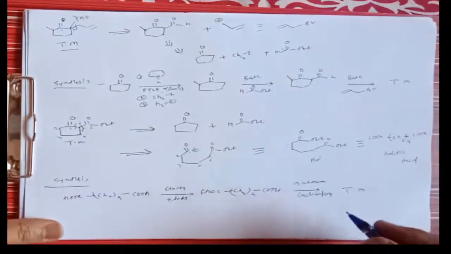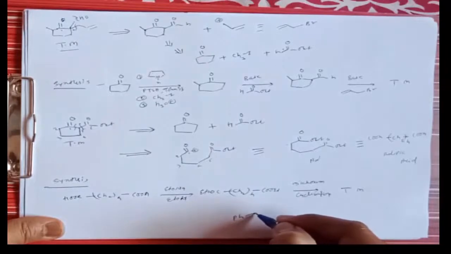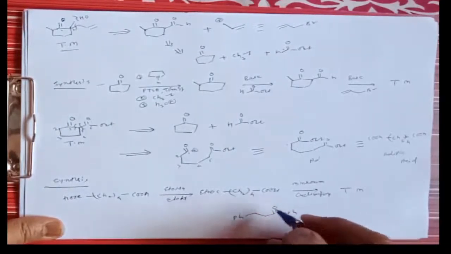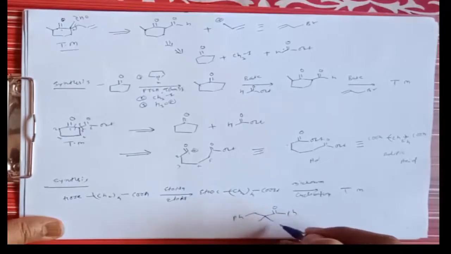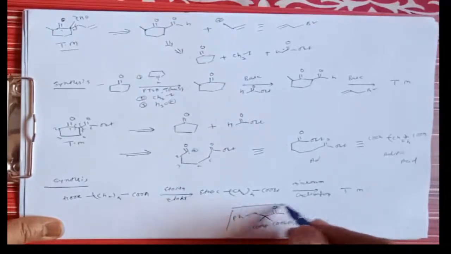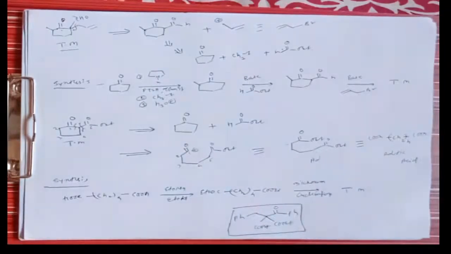So let us take one example: Ph, CH2, CH, C double bond O, Ph, and here are two COOEt groups. You have to try this molecule at home and find a good synthetic route for the synthesis of such a target molecule.